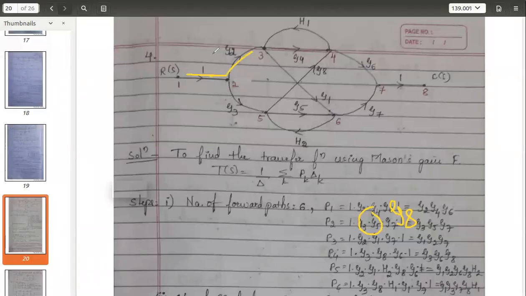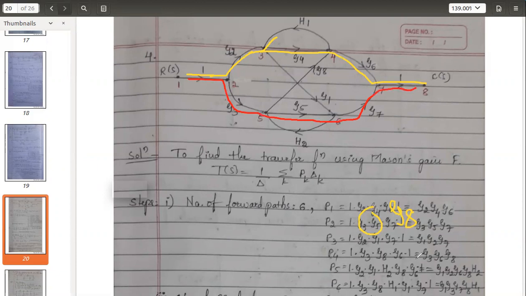Why it's coming like this, I'm not understanding. This is your first forward path. You have G2, G4, G6. Let me take different colors so that you'll understand it. Second forward path. These 2 are clearly visible to you.